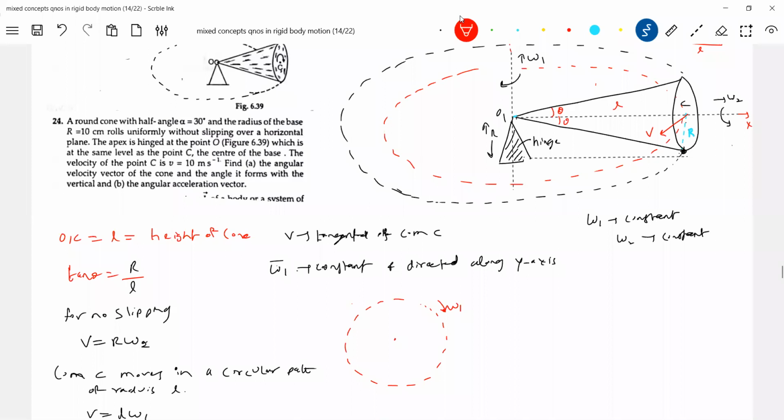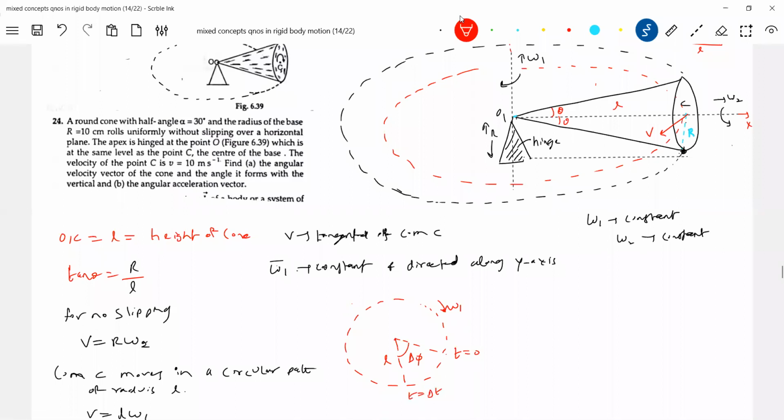Omega 1, we are showing it in this way. What is the radius of this? This is L, no? Then it will make an angle delta phi in an interval of time: at t equals 0 it is here, at t equals delta t it is there.